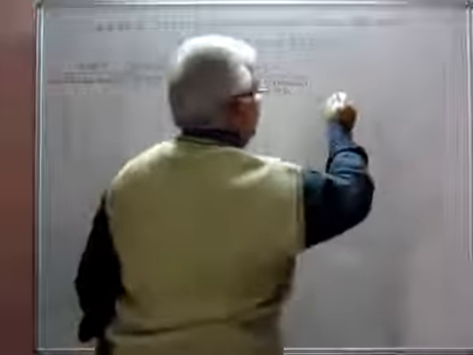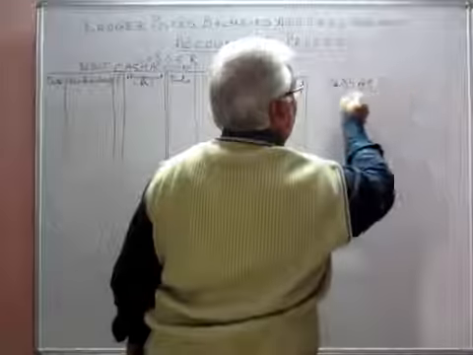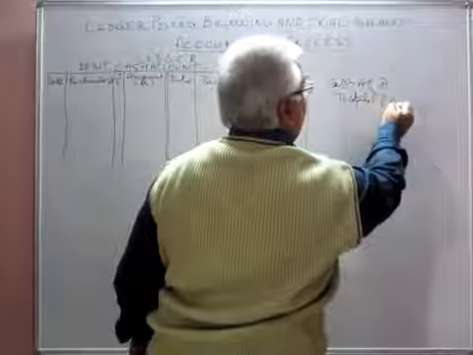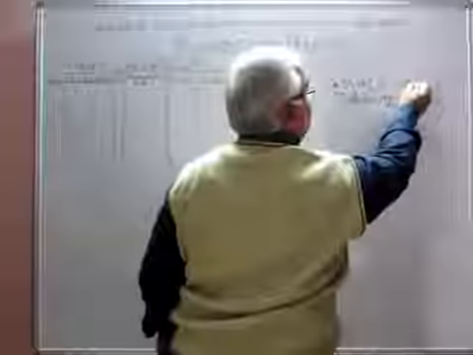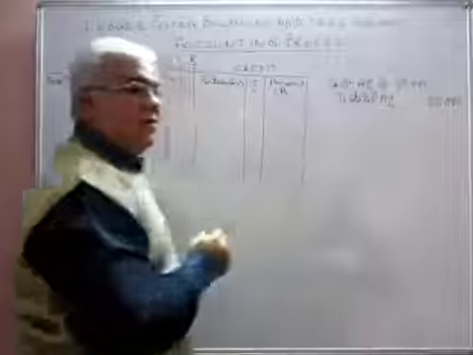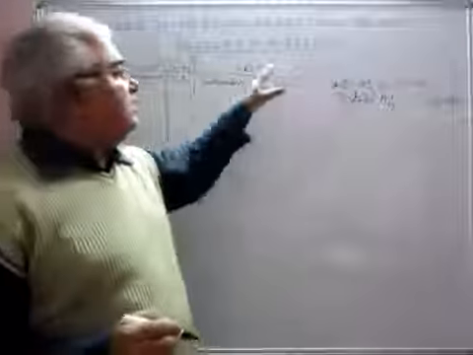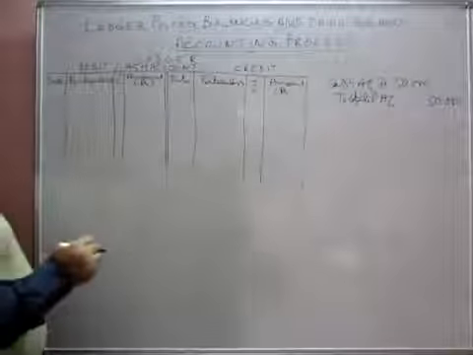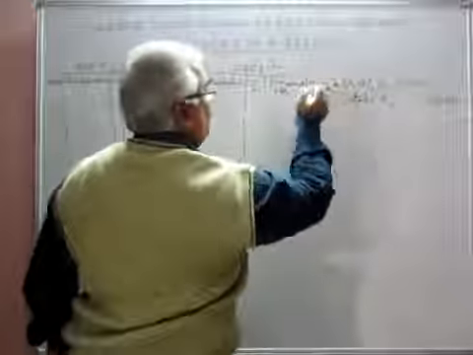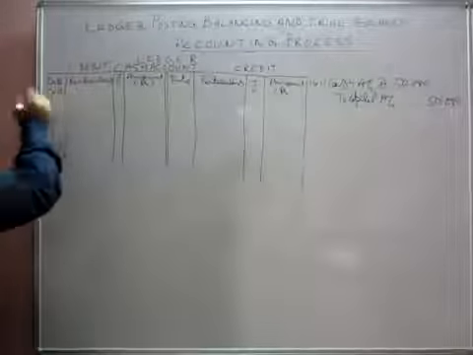If our journal entry is cash account debited to capital account, say 50,000. Now this means what? It means that cash account should be debited with 50,000 and this is cash account. Here we will put the date. For example, if the date is 1/4/11, so date will be put here 1/4/11.